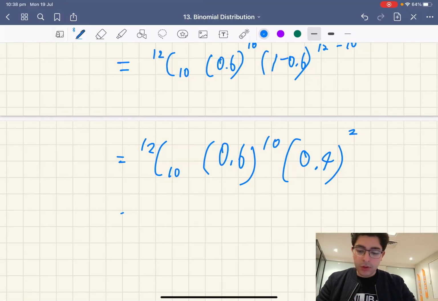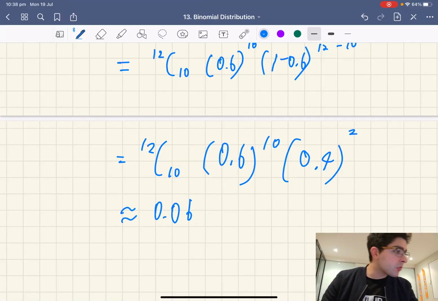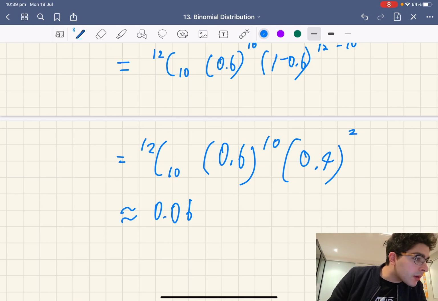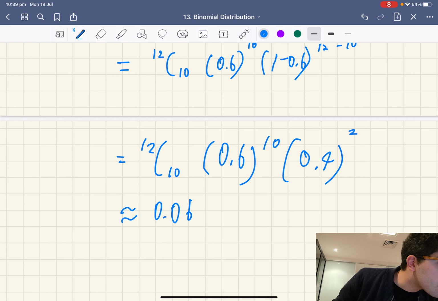That in, we get approximately 0.06385, so 0.0639.